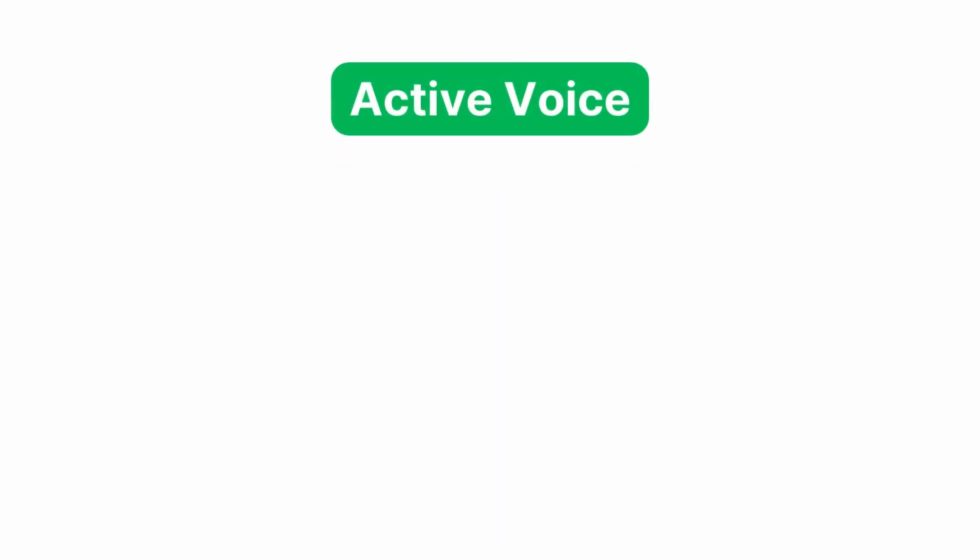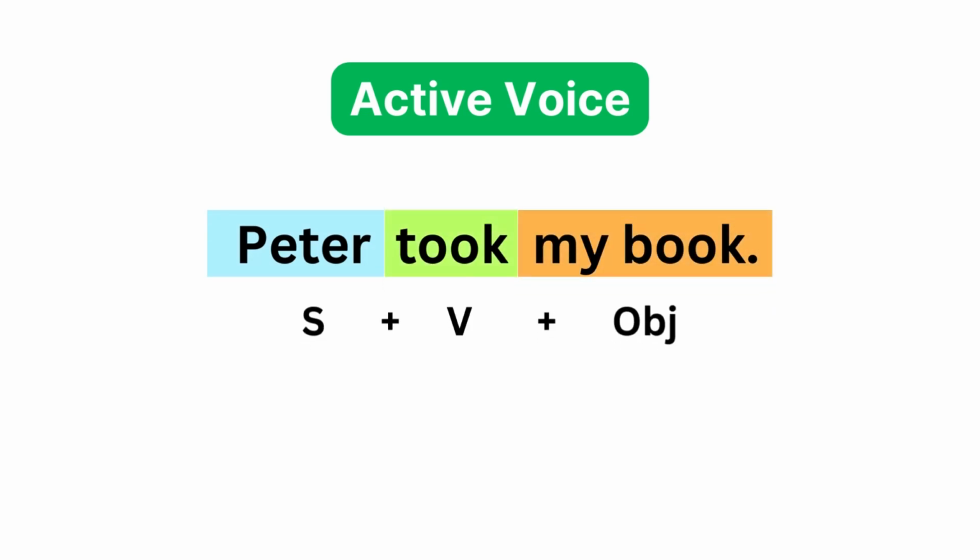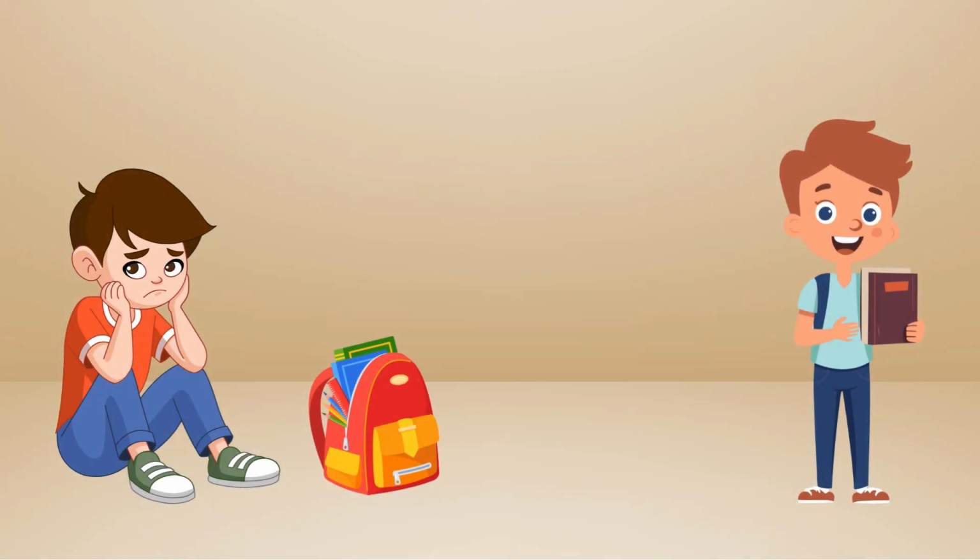To understand the passive voice, let's have an example of active voice first. Peter took my book. Subject, verb, and object. The subject does the action to the object. Imagine that you have an exam tomorrow, and your brother Peter has taken your book from the bag.